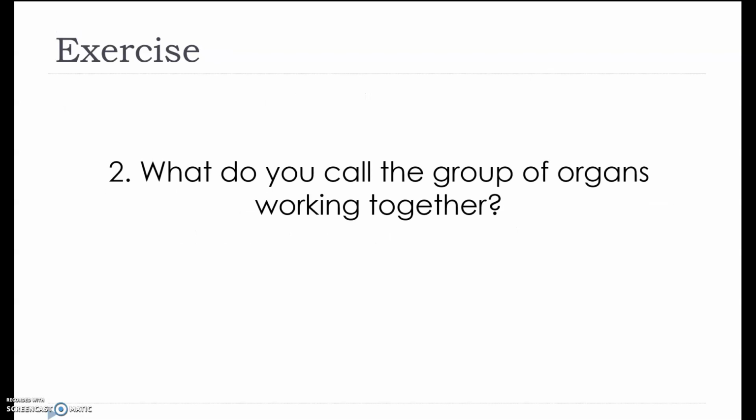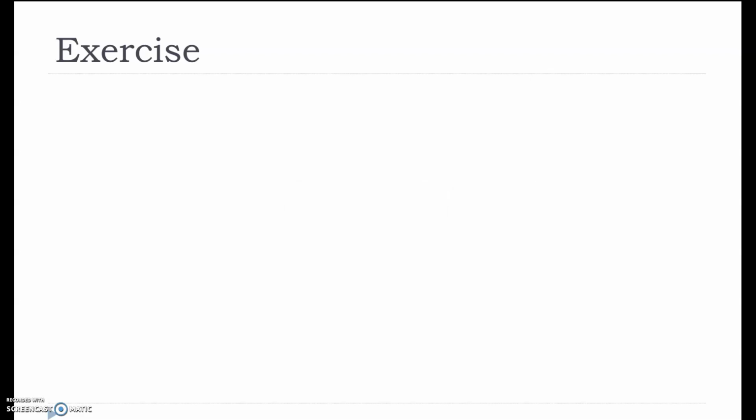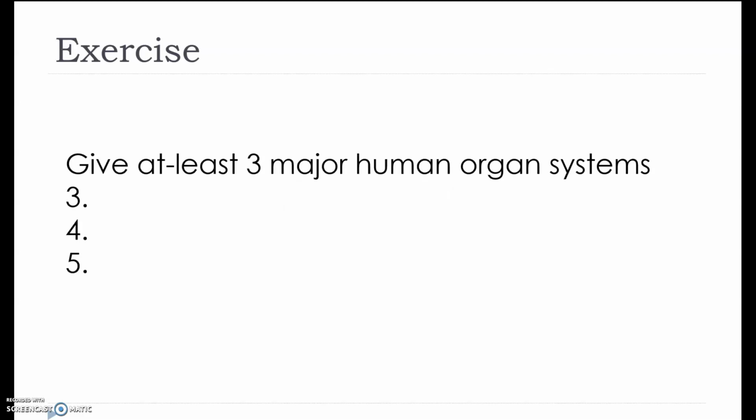Number 2. What do you call the group of organs working together? Numbers 3, 4, and 5. Give at least 3 major human organ systems.